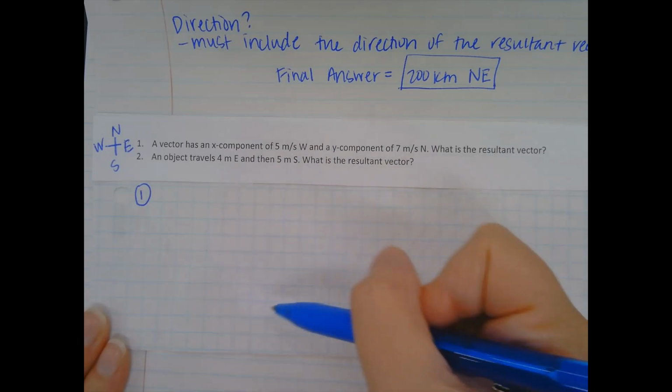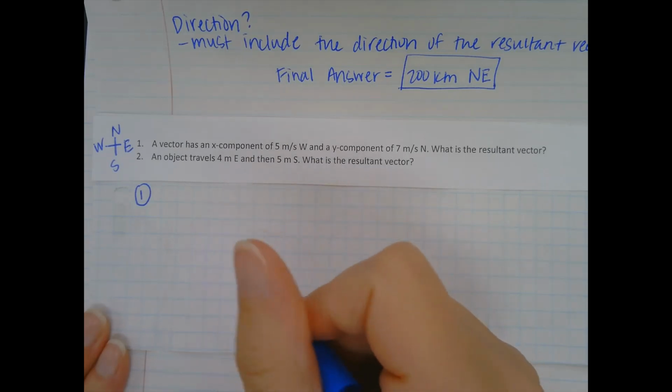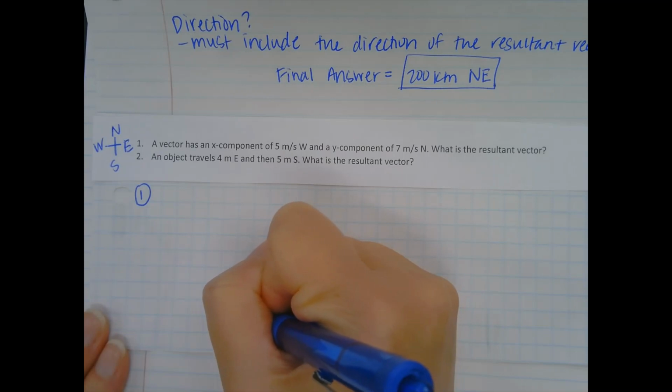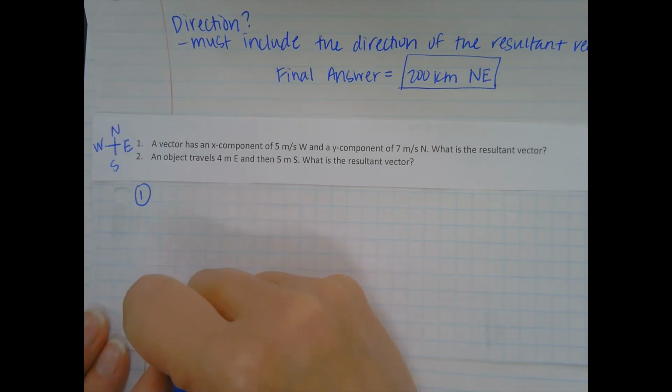Okay, well, I know I'm going to have to end up traveling to the west, and I'm going to say that 1 square is representing 1 of each unit. Okay, so how about I start right about here. Let's give it a try. So 1, 2, 3, 4, 5 meters per second.